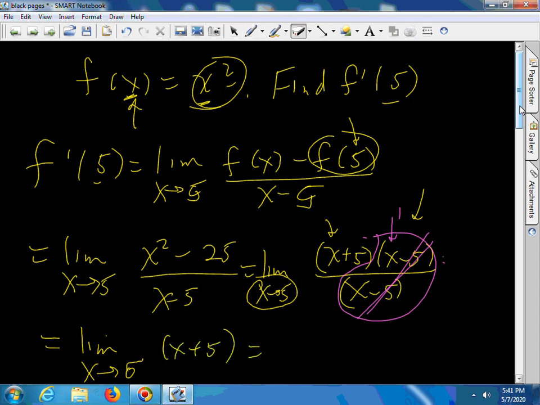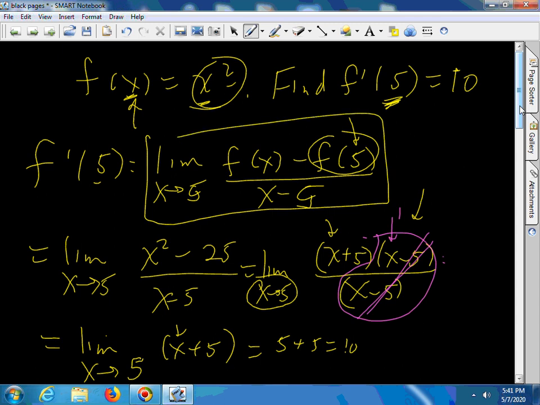Now that I am directly substituting the value that x is approaching, I no longer write limit. X becomes 5. 5 plus 5 is 10. And that's exactly what we said we get. Just double 5. Okay, now I'm not going to do this. So notice I calculated this limit and I got exactly what f prime of 5 was.